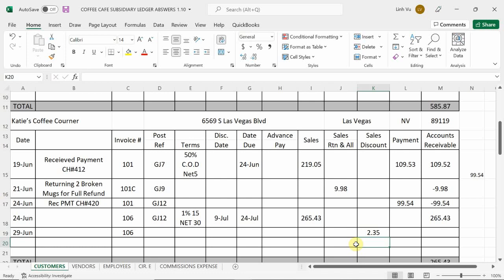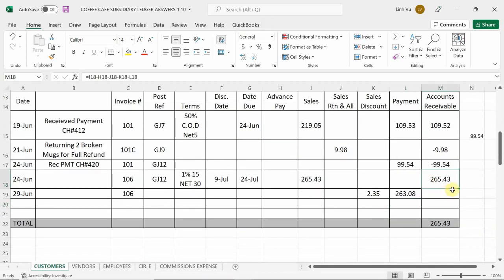And because you're going to be taking the discount off of this, 1% of that $235.43 is going to give you $2.35. So therefore, how much would her check be? It would be in the amount of $263.08. So that should give me a grand total of $265.43, which makes it equal to 0. That means she doesn't owe me any more for any of the invoices because she paid them off.